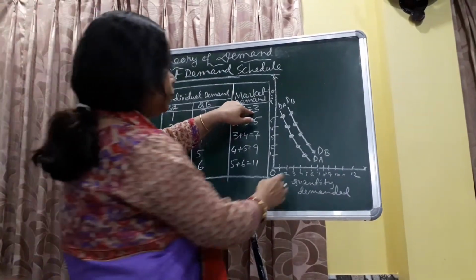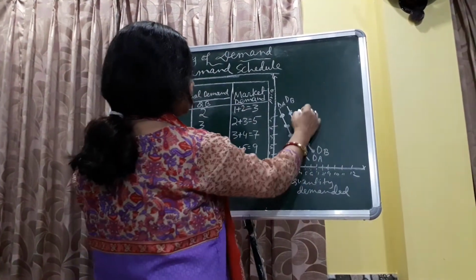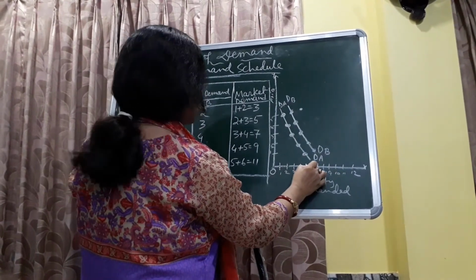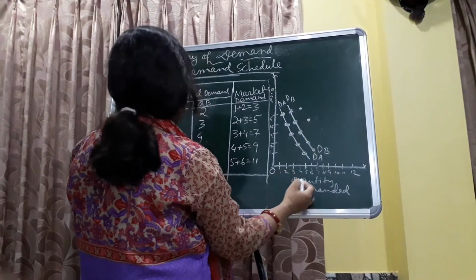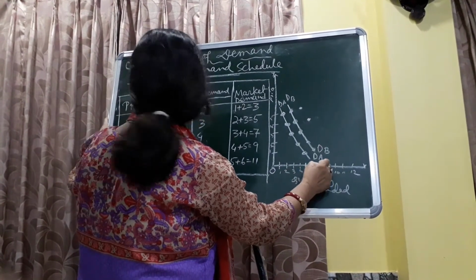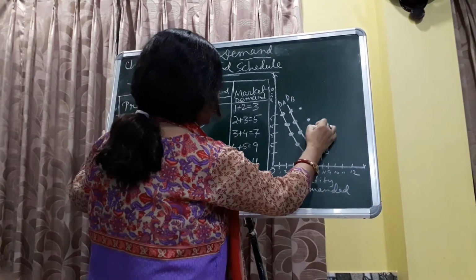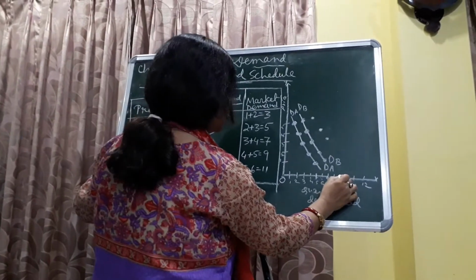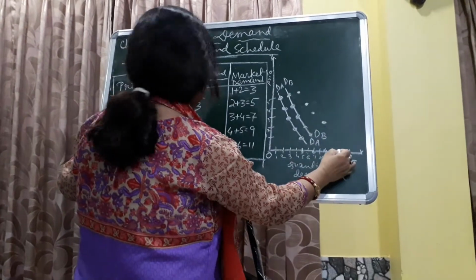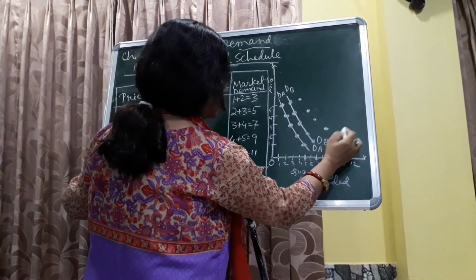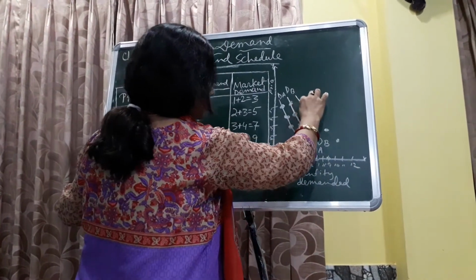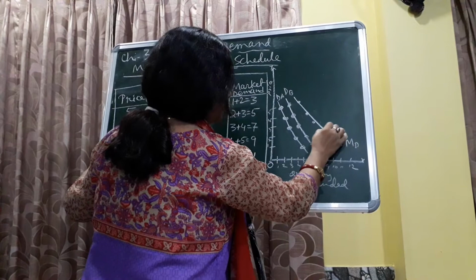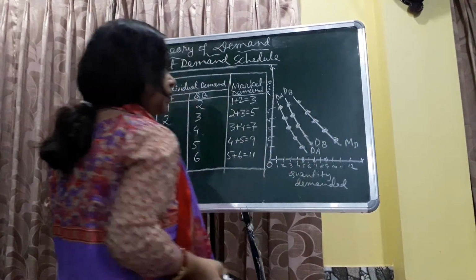So 3 kilo demanded at price 5, 5 kilo at 4, then 7 kilo at 3, then 9 kilo at 2, then 11 kilo at 1. This is the market demand. This is the market demand curve.